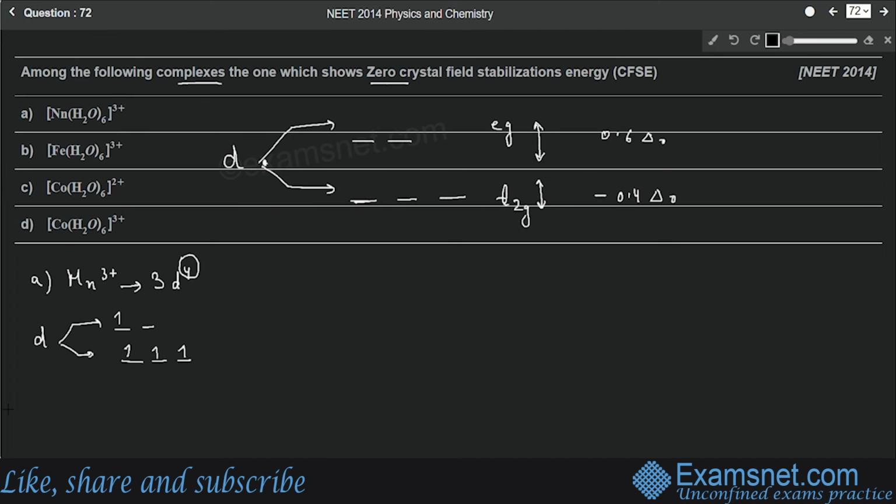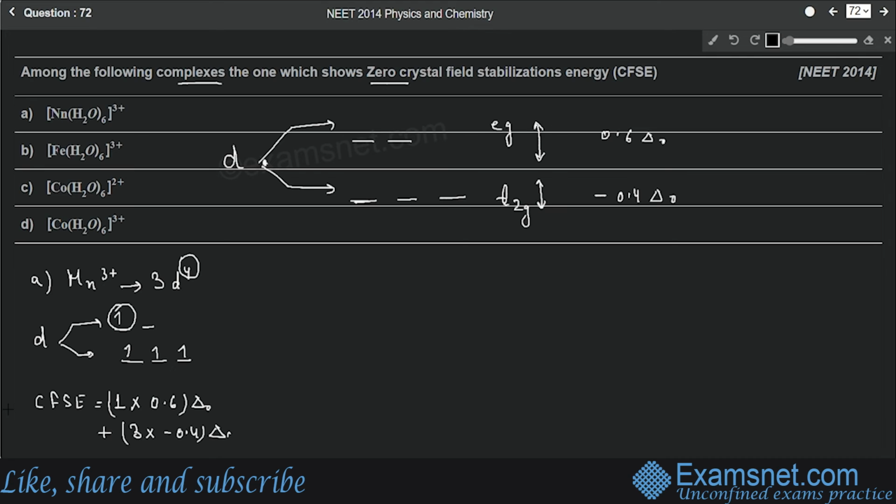Okay, now crystal field stabilization energy will be equal to how many electrons in the higher energy level? 1 electron. So 1 into the energy gap, which was 0.6, so 1 into 0.6 delta naught, plus how many electrons in the lower level? 3 electrons, and the energy gap here is minus 0.4 delta naught.